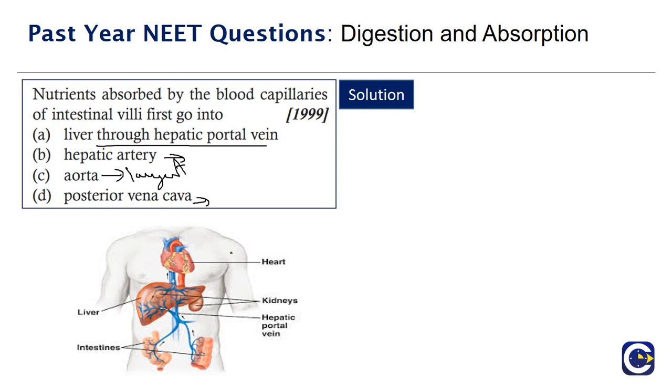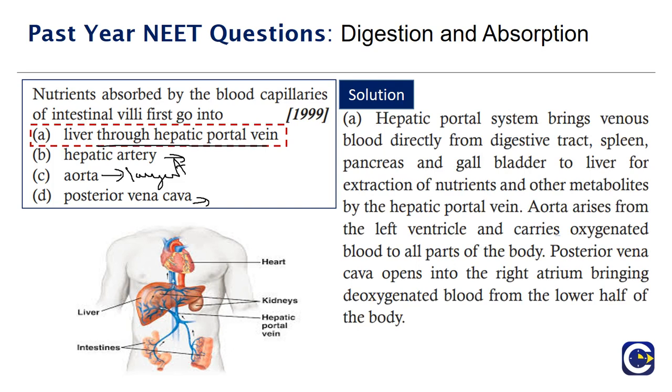So it is first the liver through hepatic portal vein. Hepatic portal system brings venous blood directly from digestive tract, spleen, pancreas and gallbladder to the liver for extraction of nutrients and other metabolites by hepatic portal vein. Aorta rises from left ventricle and carries oxygenated blood. Posterior vena cava opens into the right atrium, bringing deoxygenated blood from lower half of the body.